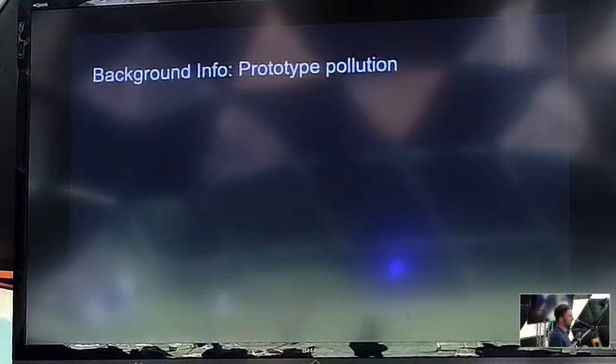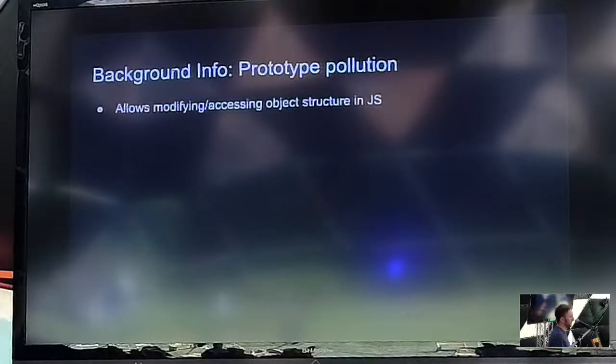Okay. Again, I'm giving you background before explaining exactly why. But I realize that there are some folks who maybe are not super familiar with prototype pollution, and that is going to be important in just a moment when I'm talking about exploitation. So prototype pollution is basically a vulnerability in JavaScript that allows you to modify or access the structure of an object.